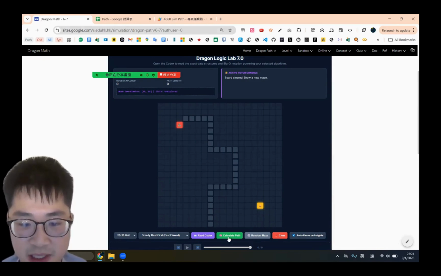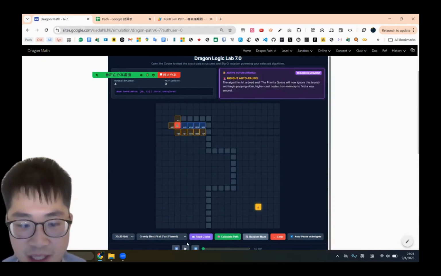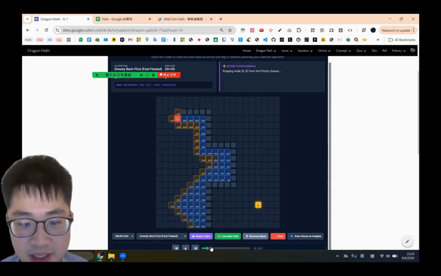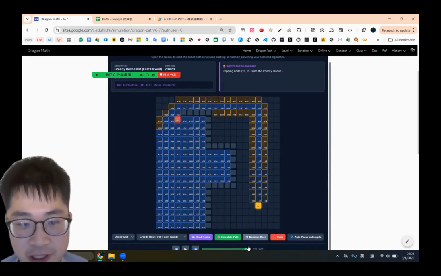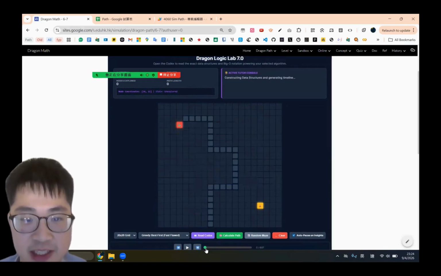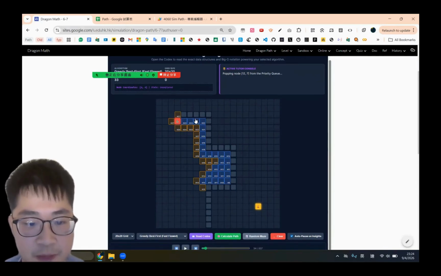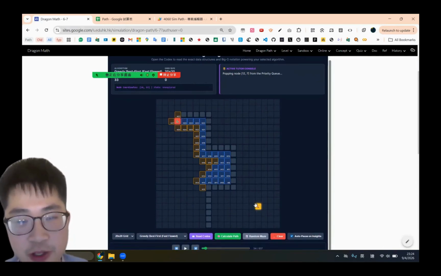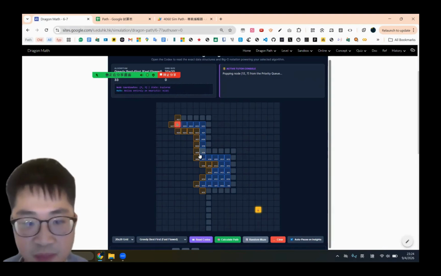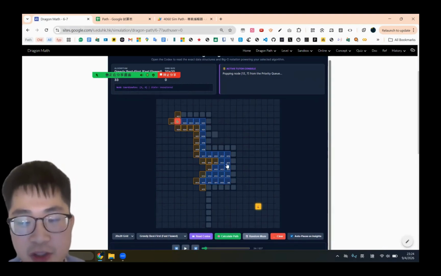Just like maybe this can calculate it, and then also this can have the full animation. Because the greedy algorithm here is straightforward to the goal, and if it is wrong, it is all blockade.